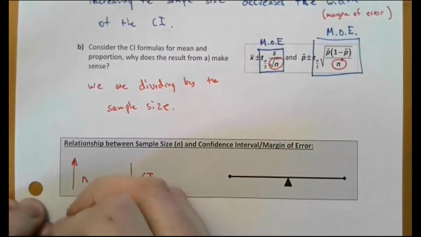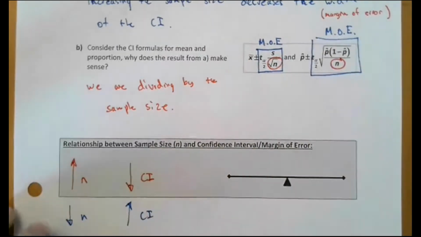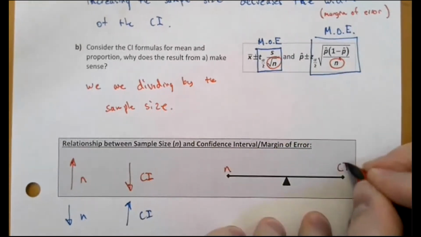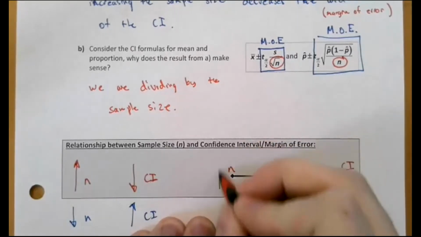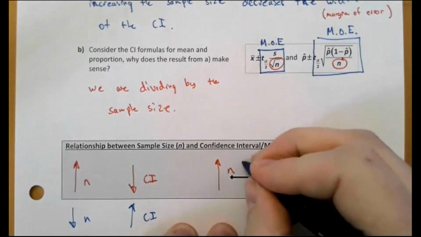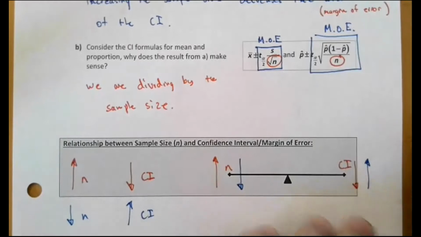Or vice versa, decrease in N increases the CI. It's a teeter-totter. So if we put N on one side and the CI on the other side, if we make this go up, then this will go down. If we make this go down, then this will go up. And that's the relationship between sample size and the confidence interval.